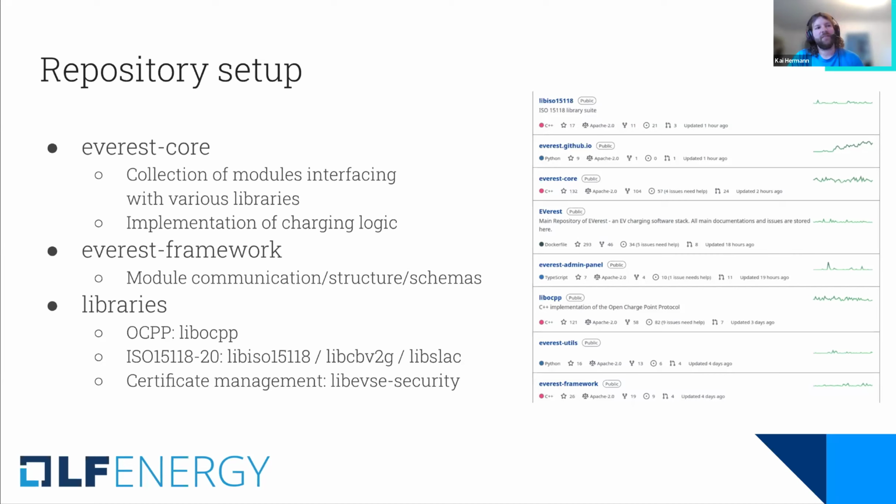For ISO 15118-20, we have the lib ISO 15118. It's also making use of this lib CPV2G, the lib Slack for the Slack communication process. And as I already mentioned, the certificate management mainly runs with this libevsecurity and the associated module.